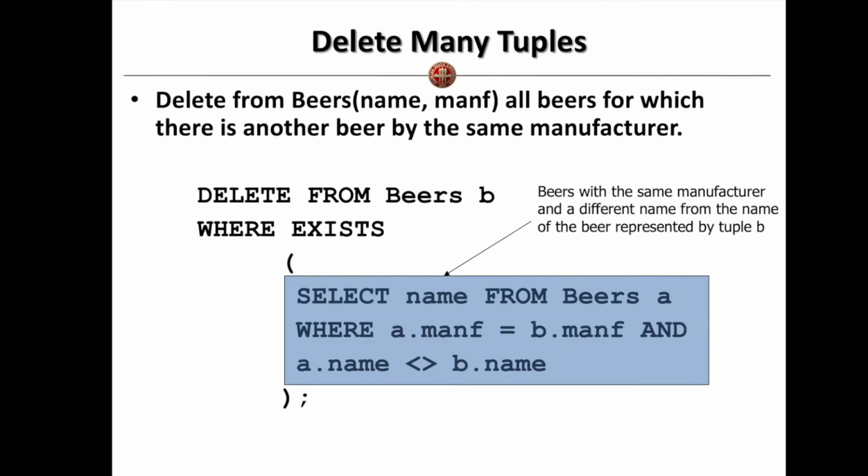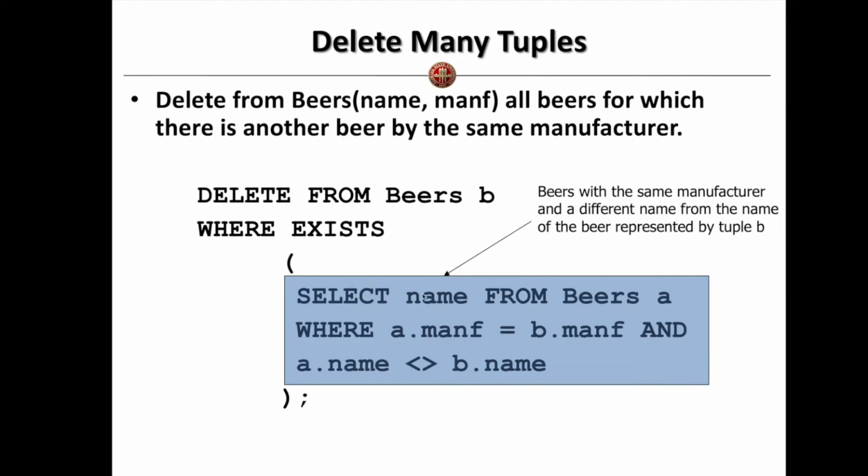Then we can delete from beers. We provide name B for the beers table, where, I hope you still remember, this exists subquery. Inside it, we find the beers sharing the same manufacturer as the tuples in the B table, right?